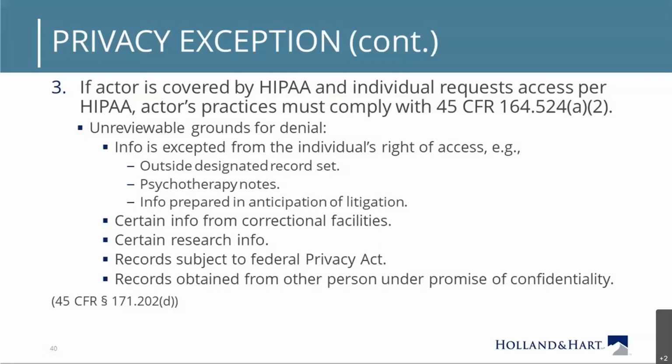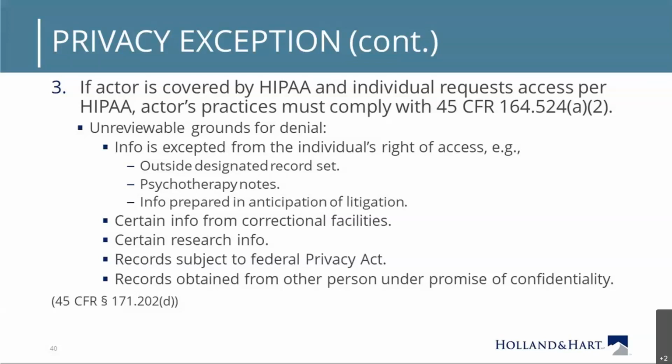So if they're covered by HIPAA, HIPAA doesn't require them to give it, it's an unreviewable basis for denying access, then the information blocking rule says, okay, you can go ahead and do that. Well, what are those situations where you can deny access under HIPAA? Well, if the information is outside the scope of the right of access, because it's outside a designated record set, and remember, a designated record set are basically those records that are used to make decisions concerning an individual.